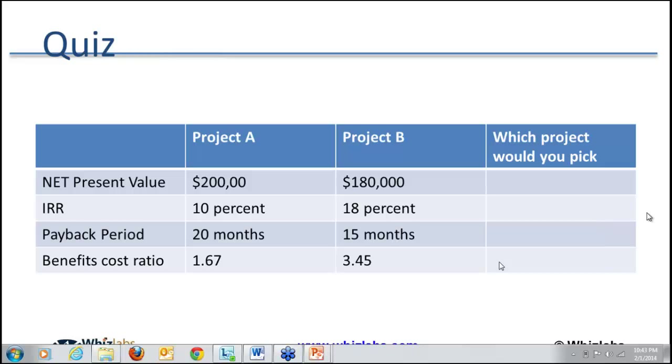Absolutely right. So that means if there are multiple projects in the organization and one project is saying my return on investment is 10% and another project is saying my return is 18%, the project selection committee will select the project with the highest rate of return. That's really great, Ranita. Thanks.